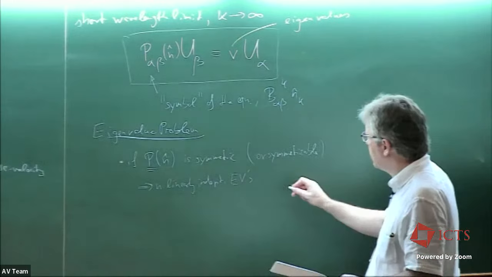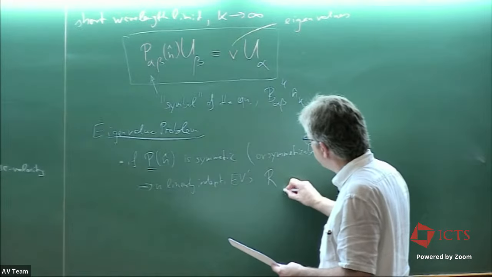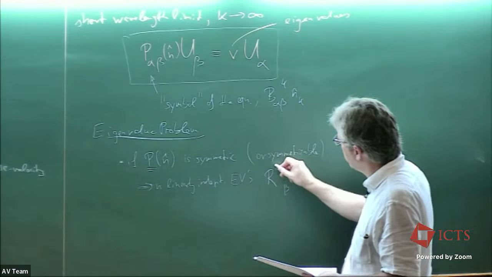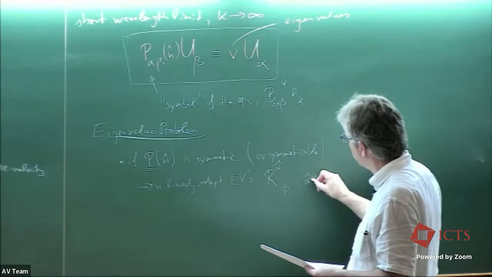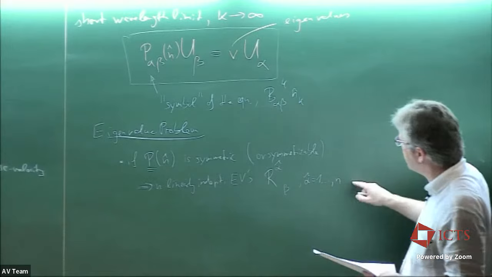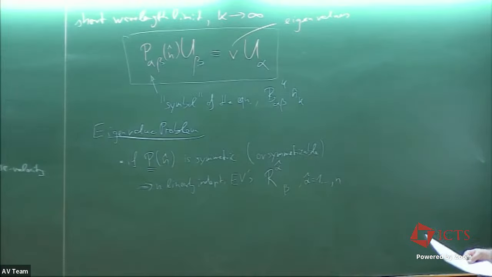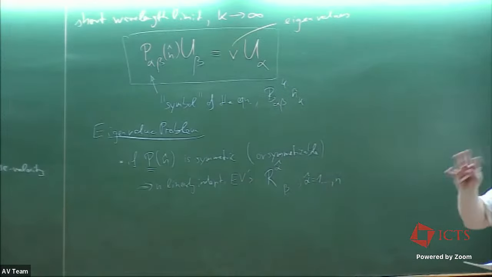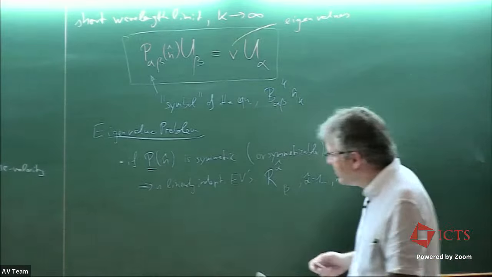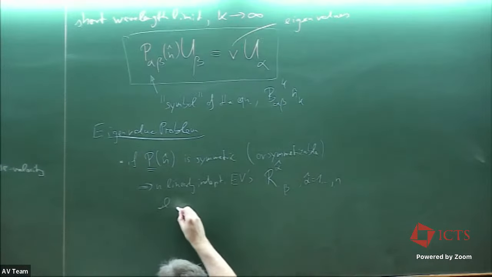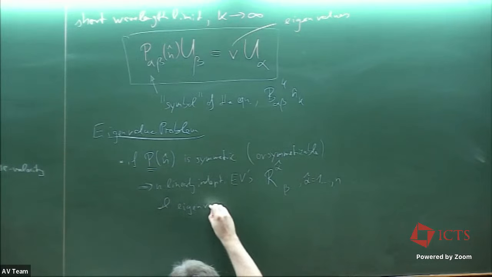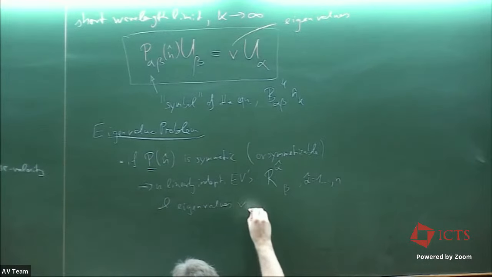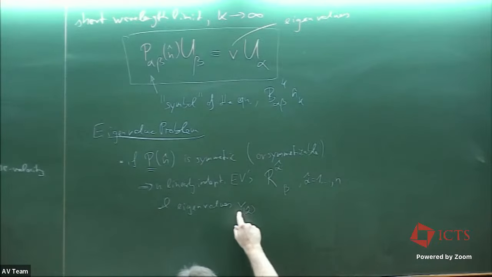I'm going to call them R beta, and I'm going to label them with an alpha hat. So alpha hat is going from 1 to however many variables I have. So for symmetric matrices, the eigenvalue problem always has a full set of eigenvectors, and the eigenvalues are real. So the eigenvalues I'm going to call V alpha hat. There's one V that goes with one eigenvector, and those are real.